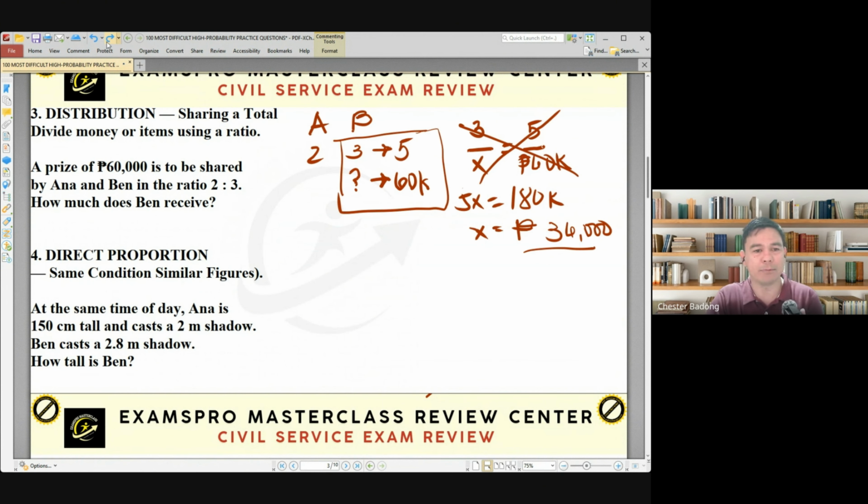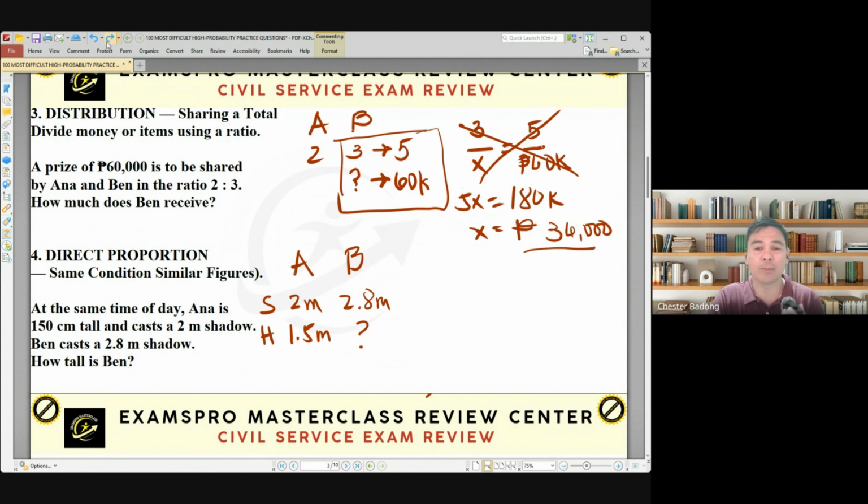Gawa po tayong table. Anna and Ben. S for shadow, H for height. Lagay po natin sa tama yung data. Yung height po ni Anna, 1.5 meters. That is equivalent to 150 cm. Yung shadow ni Anna, yung length, 2 meters. Shadow ni Ben, 2.8. Ano yung height ni Ben?